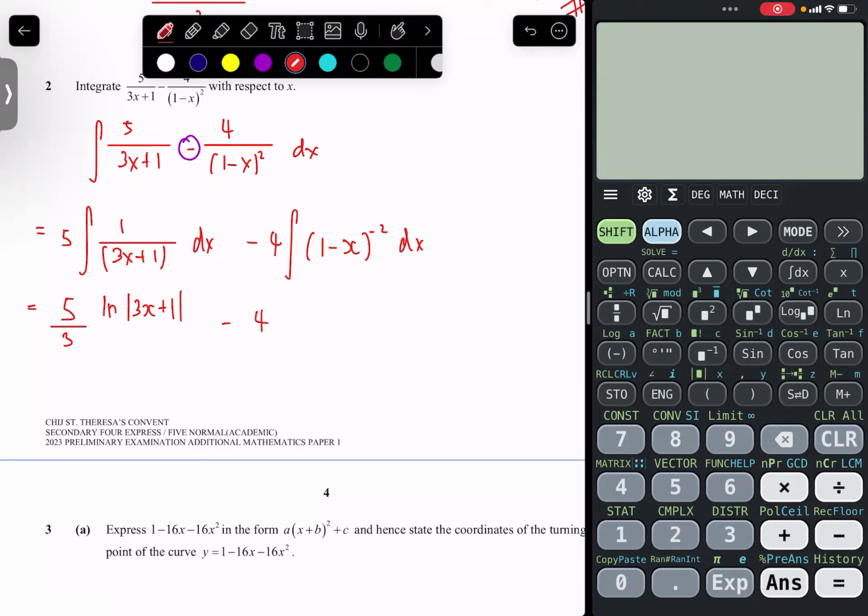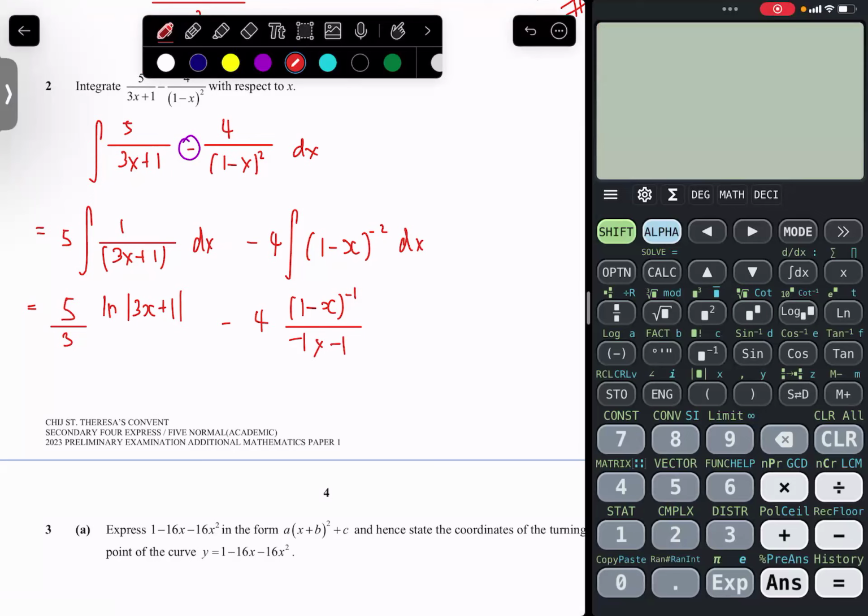Now this one is algebraic integration, whereby you power up and divide by the new power. So you have (1 minus x) to the power of -1, divided by -1, multiplied by the differential of 1 minus x, which is -1. So -1 times -1, nothing happens.